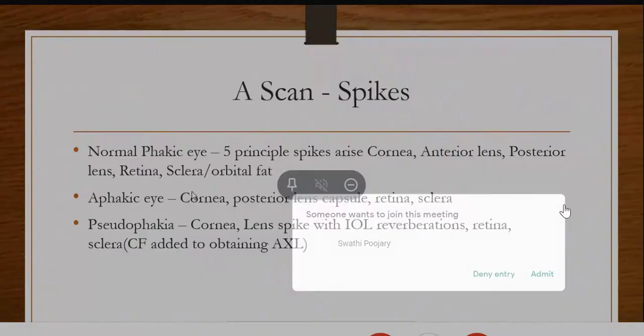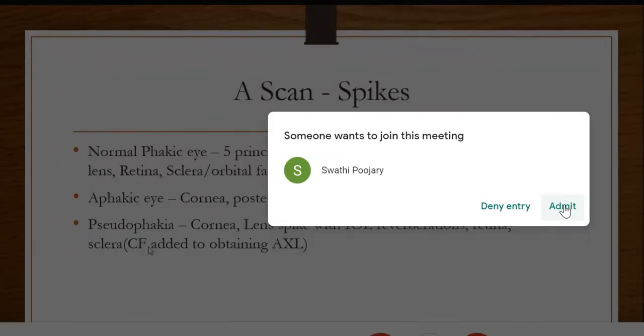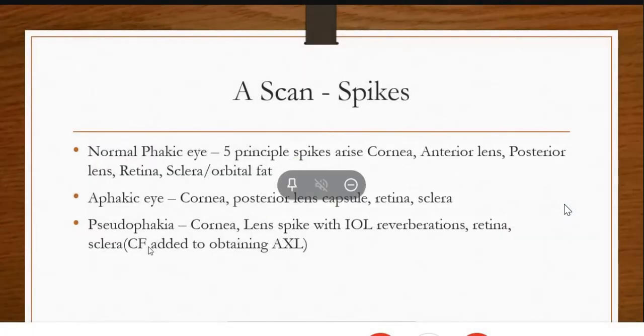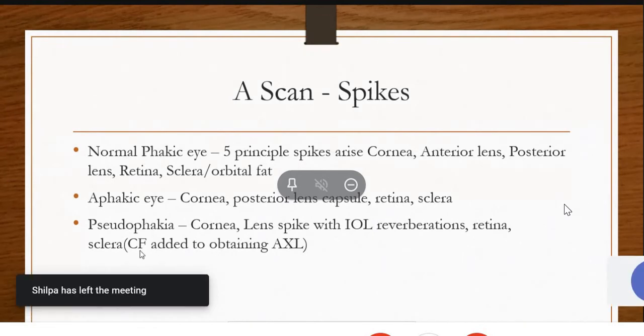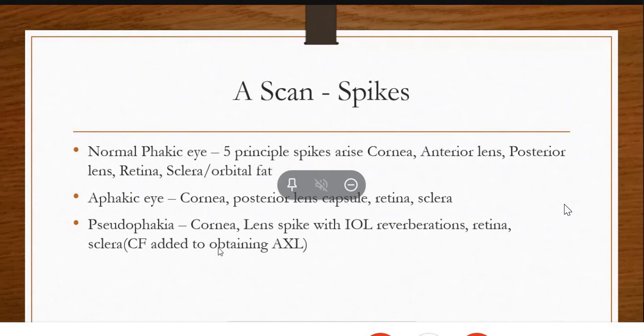In pseudophakia, for axial length measurements, each and every IOL has a correction factor. That factor depends on the company and the IOL you implanted in the eye, and you add that correction factor to the axial length value to get the entire axial length.